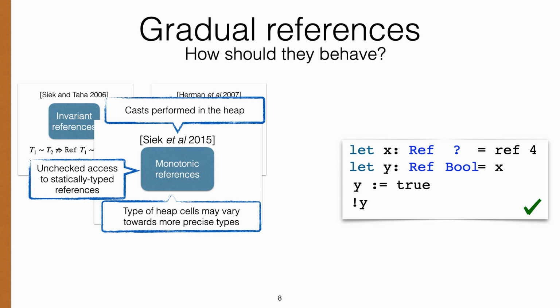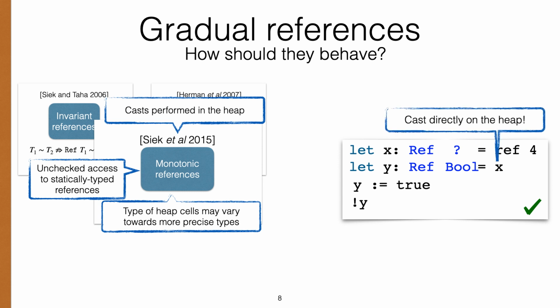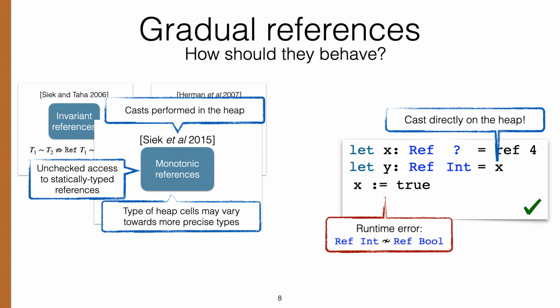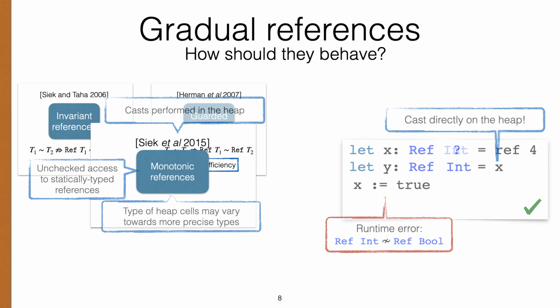So for instance, in the same program as before, the cast of x to ref bool will be propagated to the heap, producing a runtime error because the content of the cell at that moment is an integer. If we change ref bool to ref int and update the content of x to true, the cast now is going to succeed, but this program will still fail at runtime because at line 2, x is going to be refined to a reference of int.